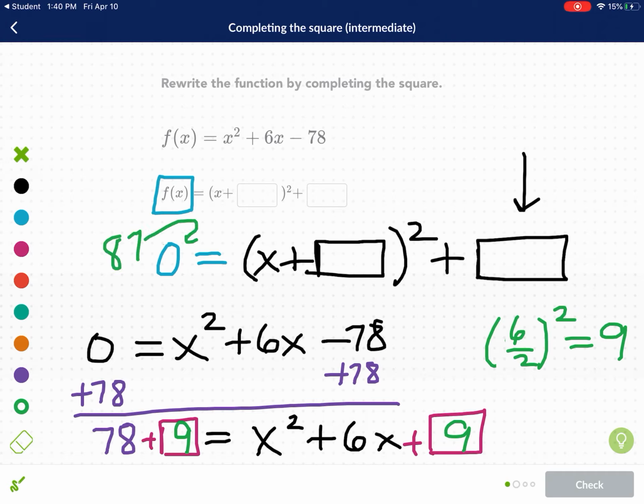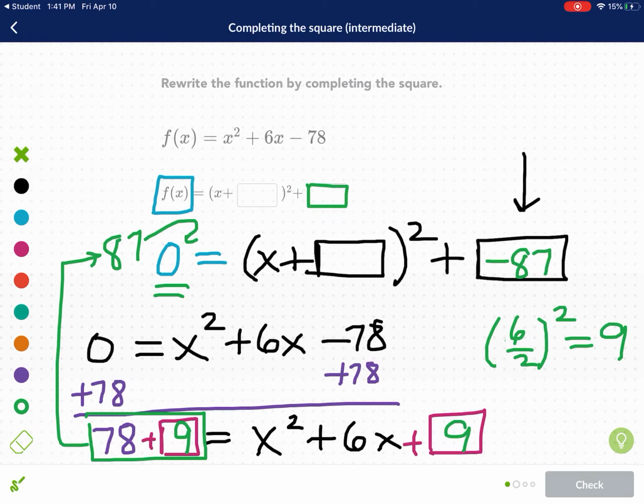So to bring it back over into this box, you're going to subtract it. It's one of the tricky parts about when they write this in function notation all on one side. So technically this right here gave us 87, which is sitting on this side. So to bring it back over to the right so that you can fill in this box, you would subtract it back over.